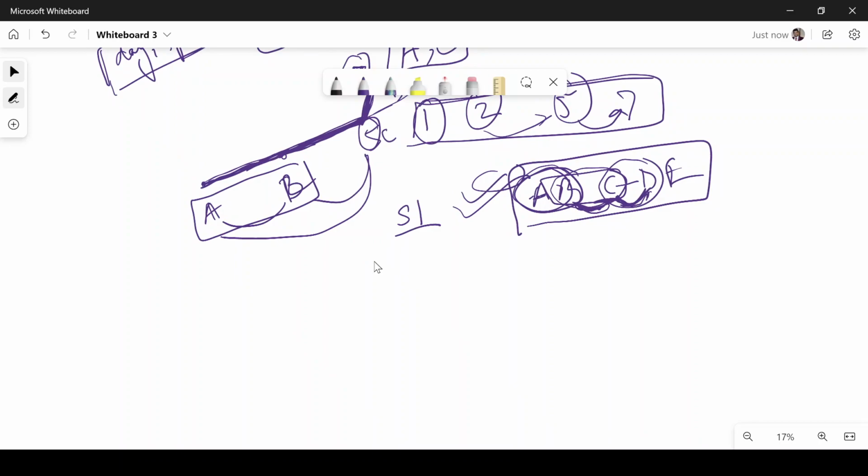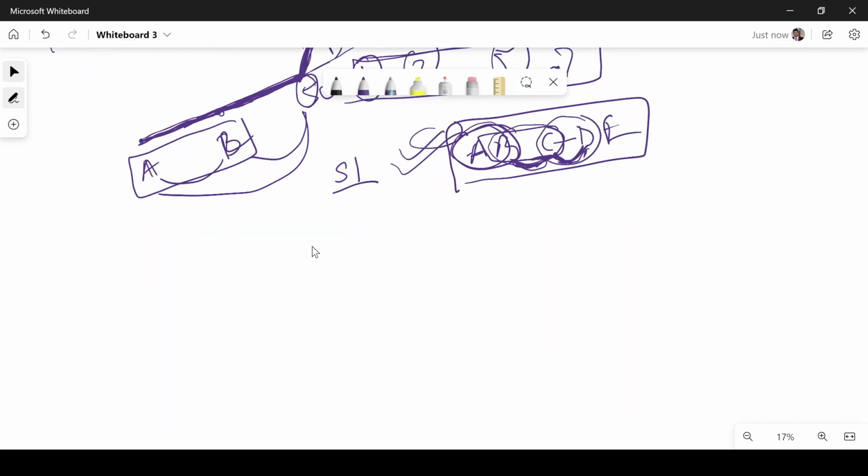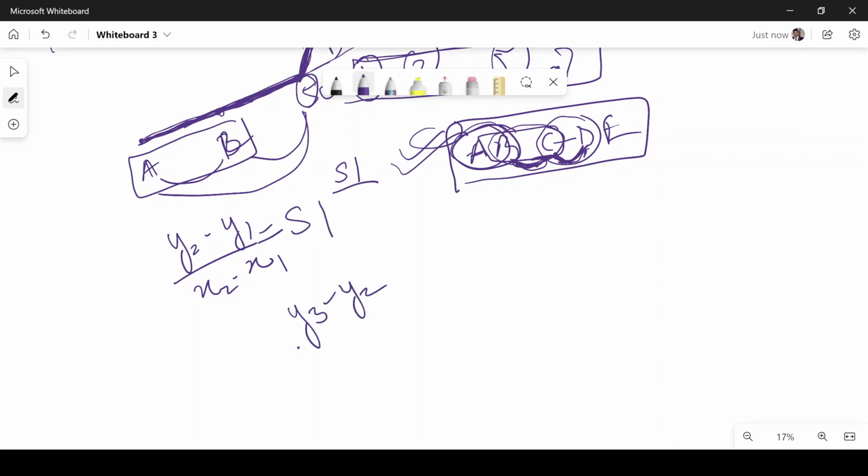If someone is familiar with this basic mathematics, then probably the logic will not be too tough, but the implementation is something that we need to take care of. Suppose we calculate the slope using y2 minus y1 and x2 minus x1, so this gives us a slope, s1. Now when we calculate y3 minus y2 and x3 minus x2, this gives us slope 2.